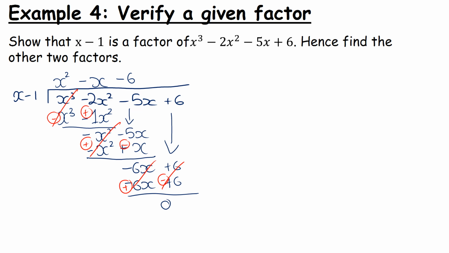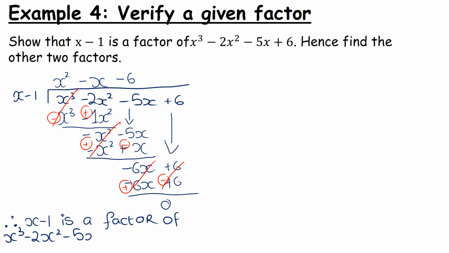Now, you need to be really clear here, so we're going to say, therefore, x minus 1 is a factor of x cubed minus 2x squared minus 5x plus 6, since it divides in evenly.